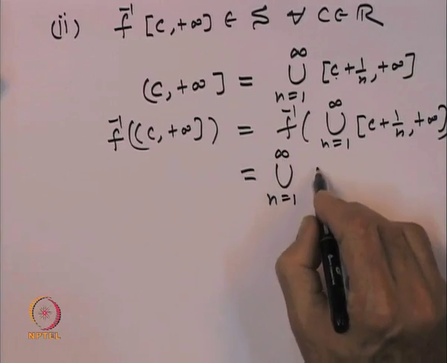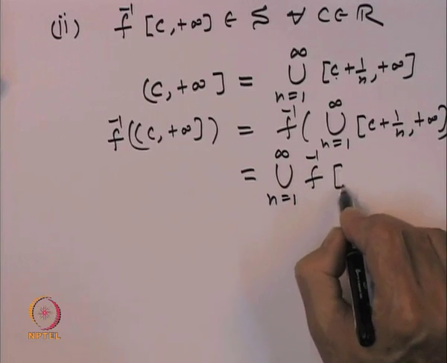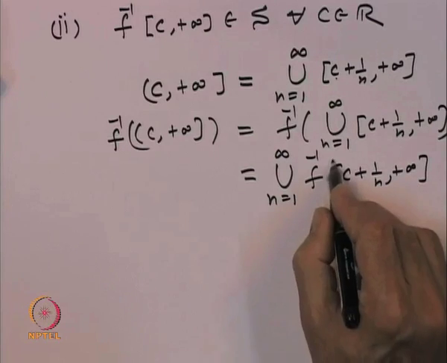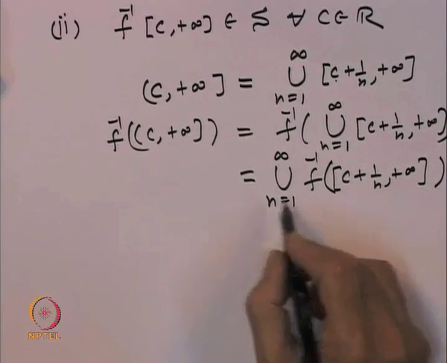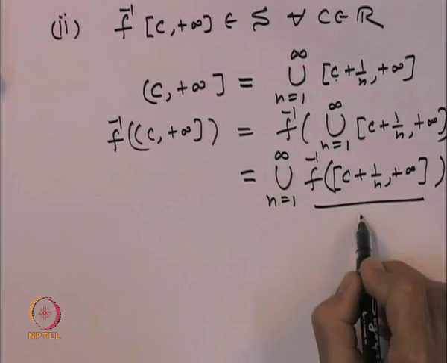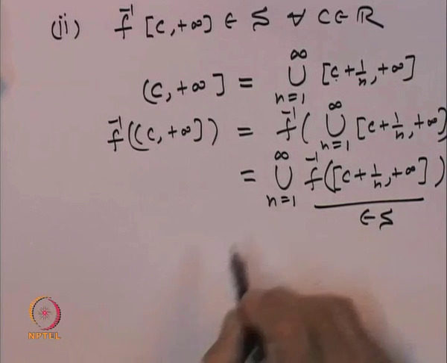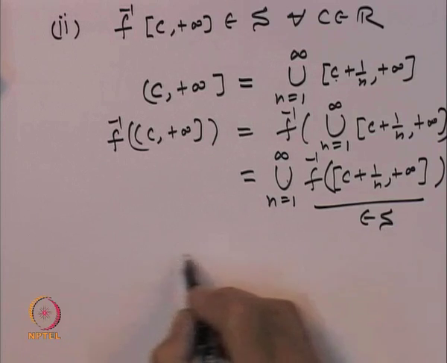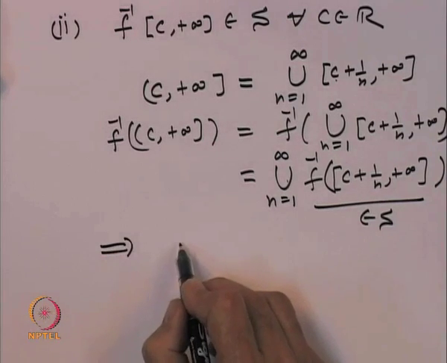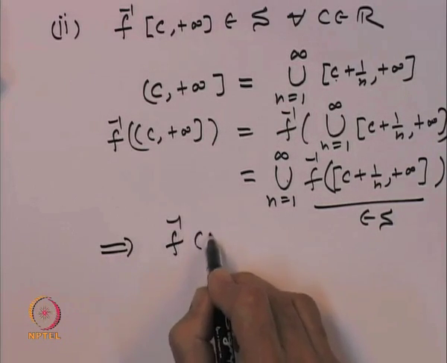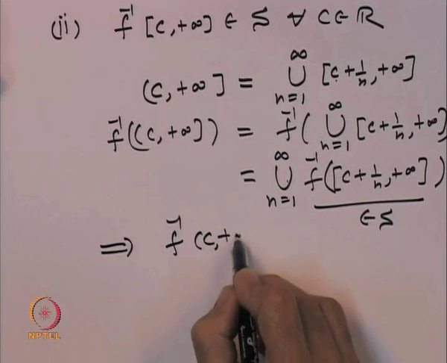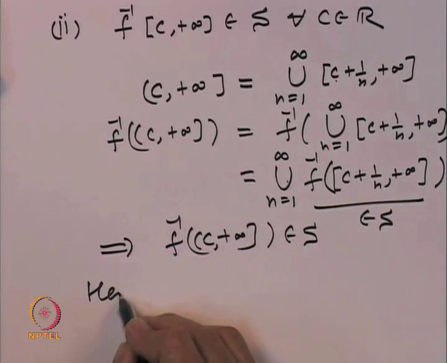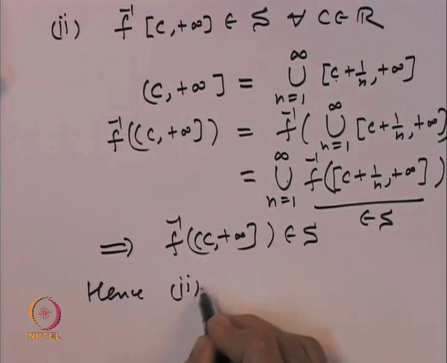So, that gives us that this is the union of f inverse of c plus 1 over n to plus infinity, and we are given that each one of them belongs to S, and this is a union of sets in S. S is a sigma algebra. So, this implies that f inverse of c to plus infinity also belongs to S. So, hence we have shown that 2 implies 1.